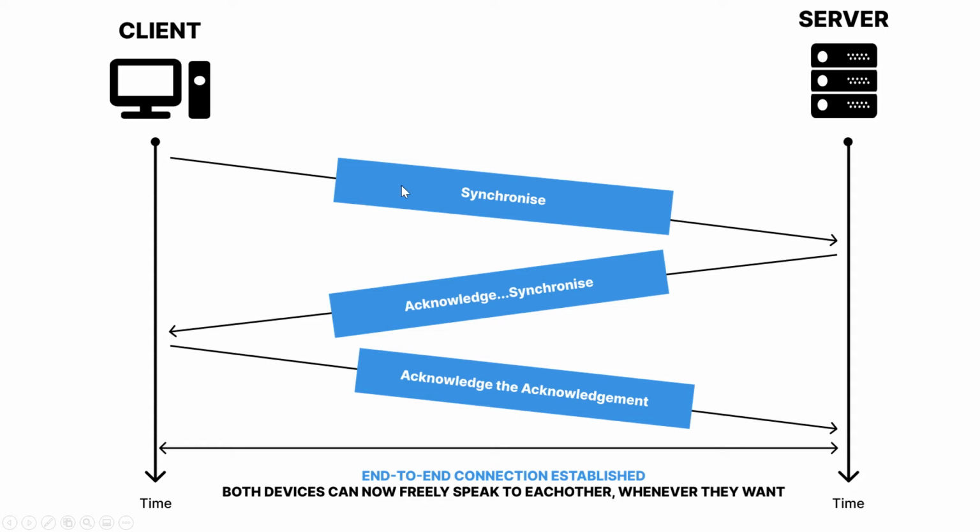So this is a very simplistic version of the TCP three-way handshake, but this is basically the basis of it. The client, for example a web browser, wants the HTML for Google. The HTML is the first file that's requested from a web browser to a server for a web page.